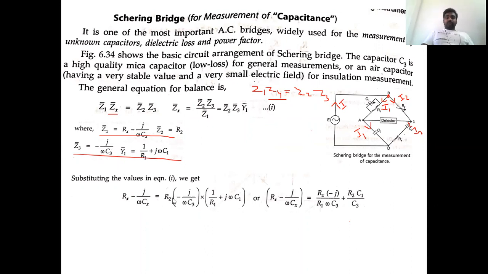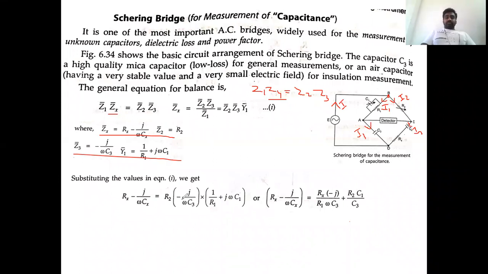Z2 value is nothing but R2. What is the value of Z3? The Z3 value is nothing but minus j by omega C3. What is the value of Y1? Y1 is nothing but 1 by R1 plus j omega C1. So we substituted the values one by one in this expression.